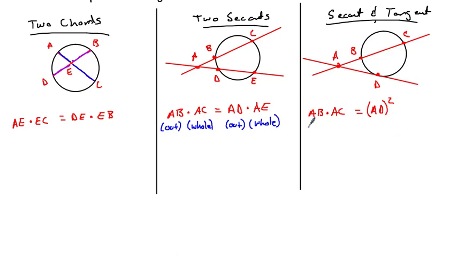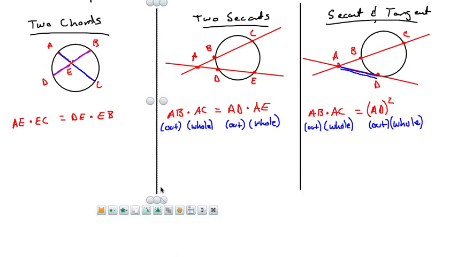The way to think about that is it's the outside times the whole equals the outside times the whole. It just happens to be that here the outside and the whole are the same thing. Okay, so we're going to do example problems that are going to make this make a lot more sense.